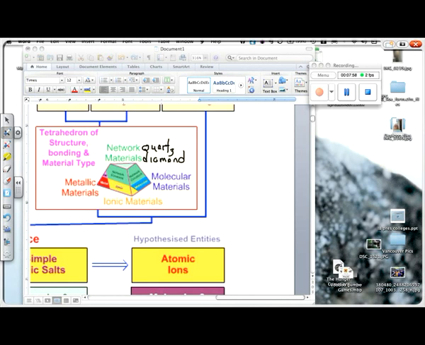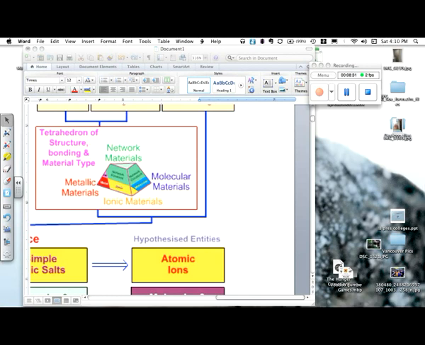So you have the metallic bond, you have the ionic bond, you have the covalent bond that holds molecules together, and then you have network types of materials where generally it's a covalent bond. Network covalent, I believe is what it says right here. It's hard to see. And those are just giant, like a fishing net of atoms held together strongly by covalent bonds. So this is a nice little figure here that reminds you of the different types of bonding.